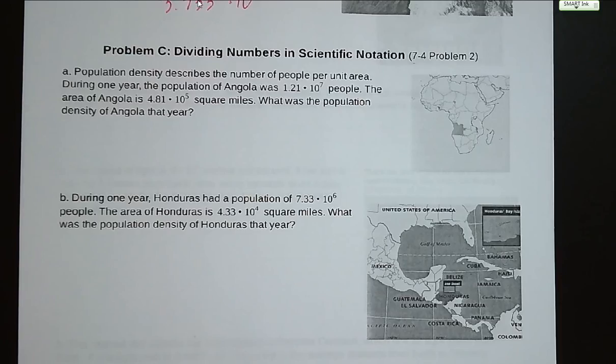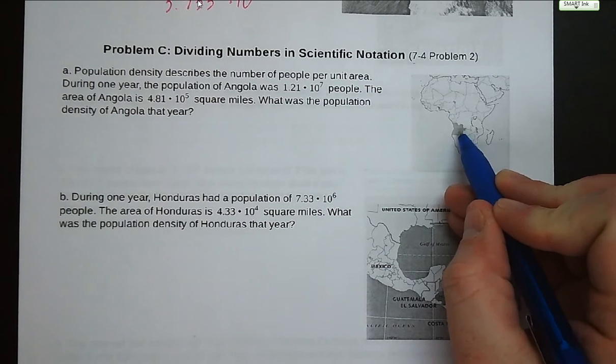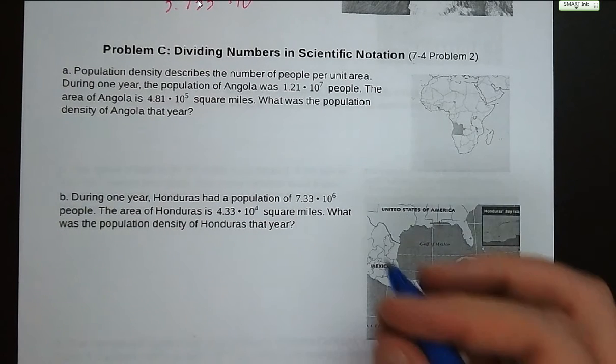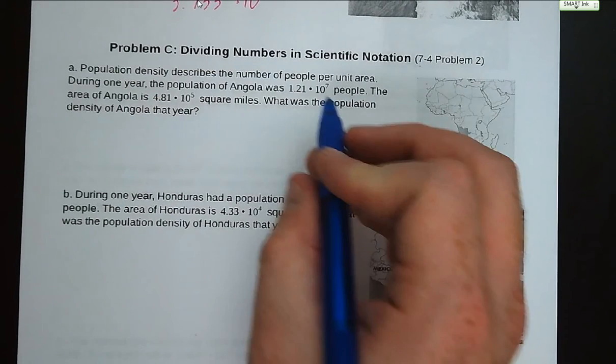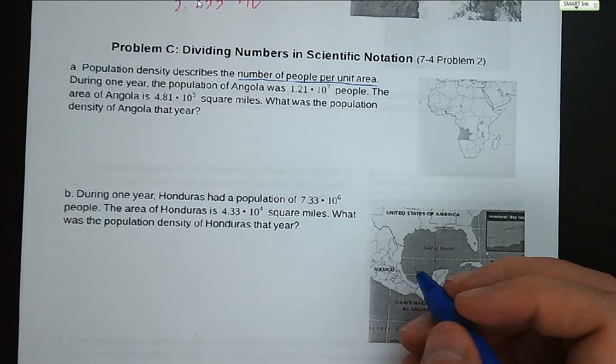The area of Angola is 4.81 times 10 to the 5th square miles. What was the population density of Angola for that year? So first off, Angola is this country right here in Africa. So we want to know, it is the number of people per unit area. So when we see that word per, we're dividing.